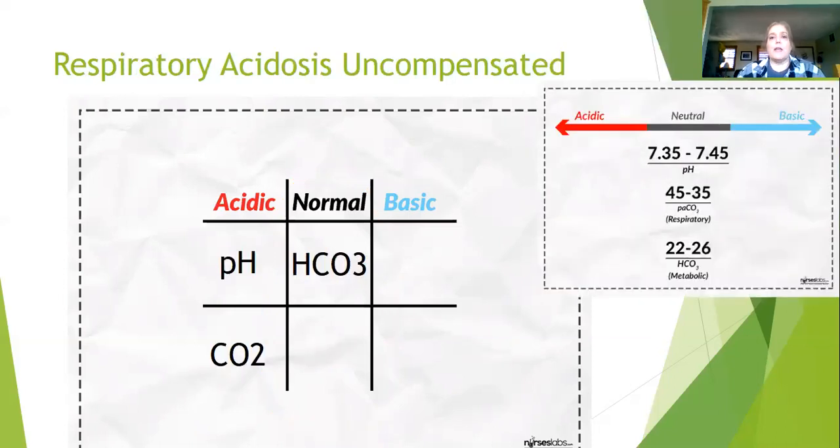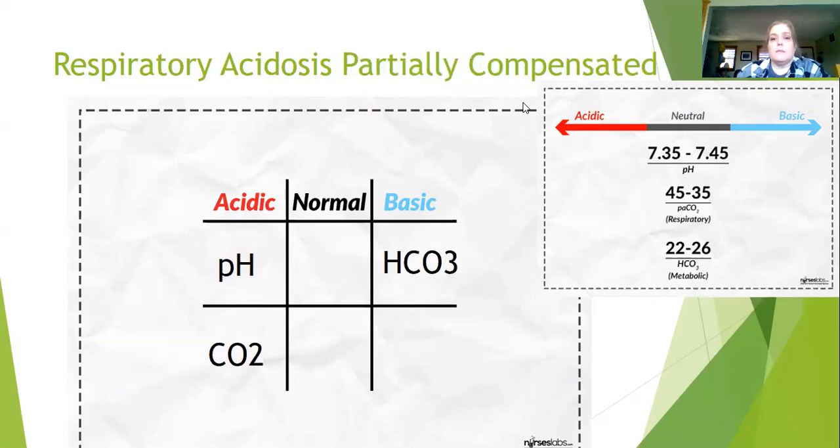We have respiratory acidosis with no compensation when we have the pH acidotic, the CO2, which represents the respiratory system, in the acidic column. So we have an acidosis that is respiratory. Then when we look at the bicarb, since it's normal, that means the metabolic system is not trying to fix the situation. So we have a respiratory acidosis uncompensated.